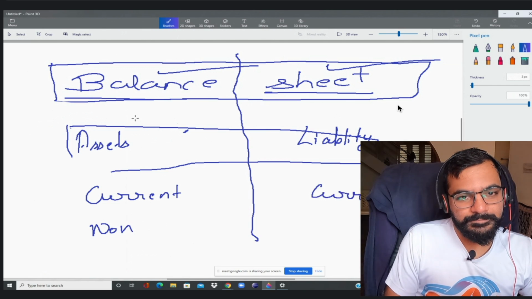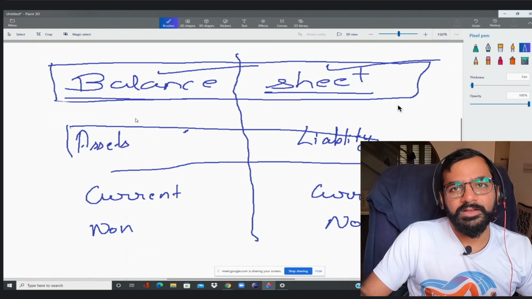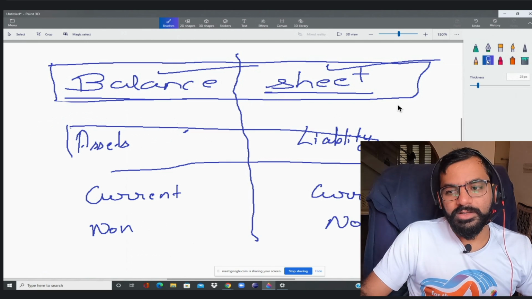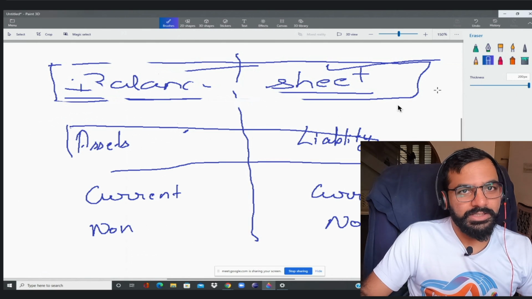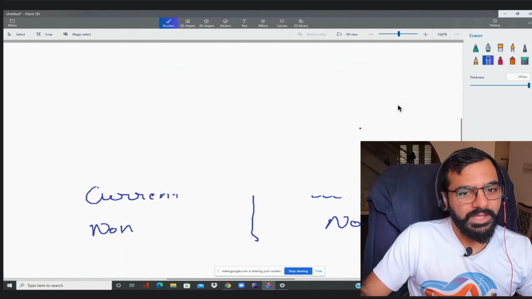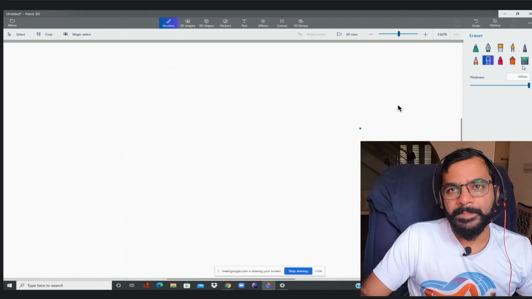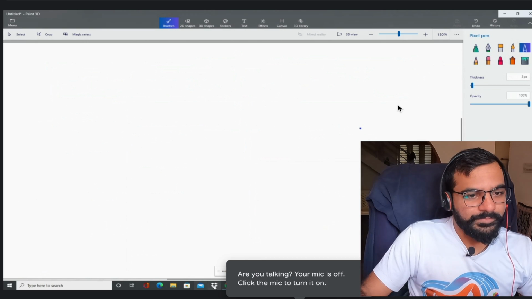Current and non-current. Now let's go into the depth of it and understand what each one actually means, one by one.